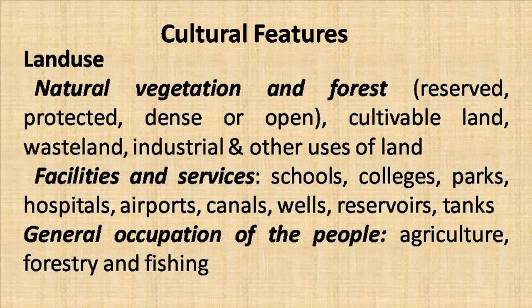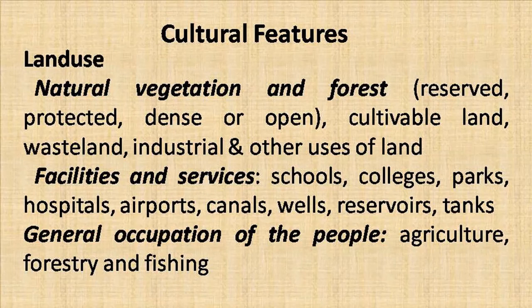And the last one is the settlement. In land use, there are different types of features like natural vegetation and forest. It may be reserved, protected, dense, or open. It may be cultivable land, waste land, industrial, and other uses of the land.